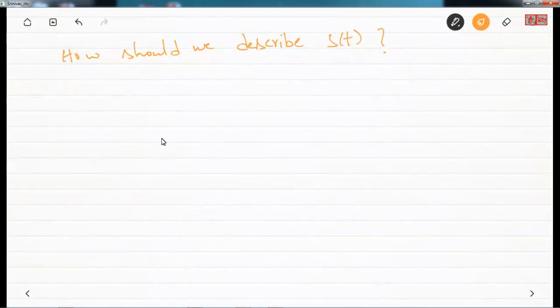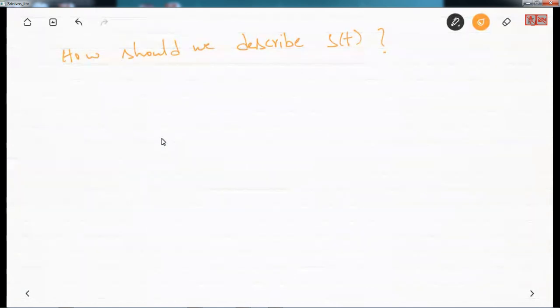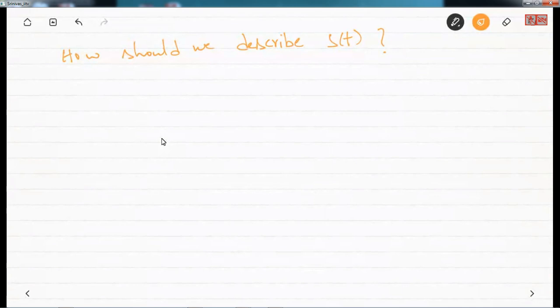The pulse is on off with some amplitude 1. Its duty cycle is 50%. It's on for 50% of the time, off for 50% of the time. That's it. But we haven't given any mathematical description. In order to multiply M of t with S of t, we need a mathematical description of S of t, right? So now let's go back to Fourier series.